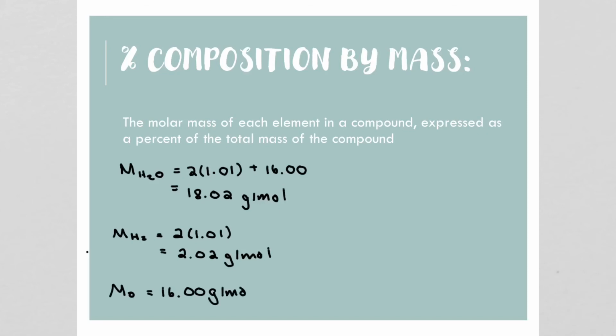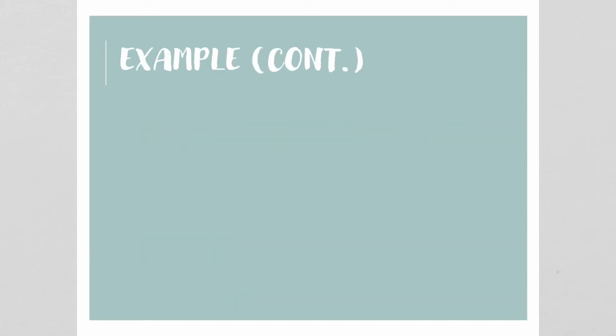Now we can take those values and calculate the percent composition by mass. So the percentage of hydrogen by mass is equal to the molar mass of hydrogen in water over the molar mass of water.